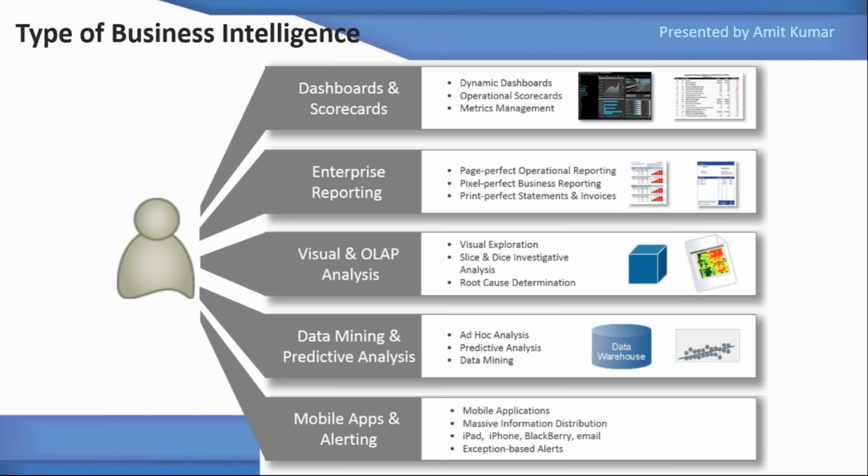So as I told, business intelligence can be of different types. It is dashboards, reports, analysis, and OLAPs. OLAP is a database called online analytical processing.